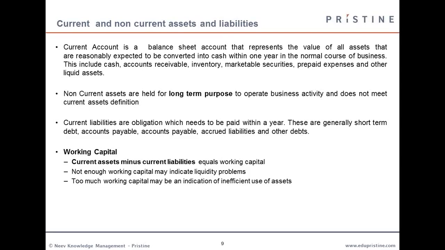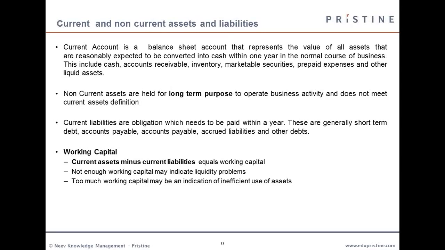The non-current assets are the ones for long-term purpose, to operate the business activity over a course of time. Same with the current liabilities, they are the obligations which need to be paid within a year.